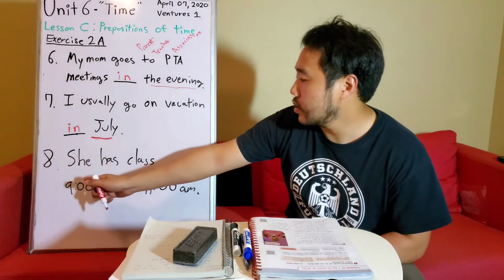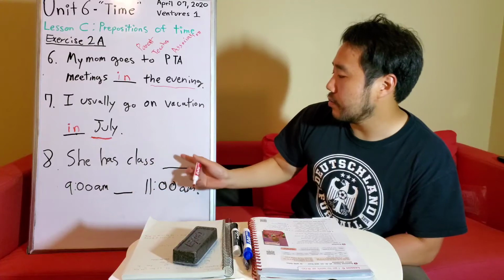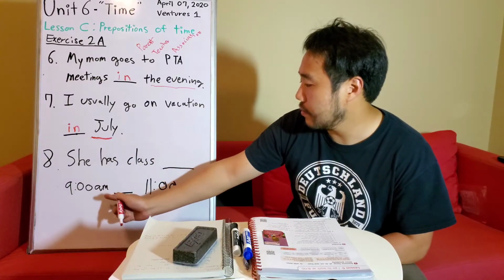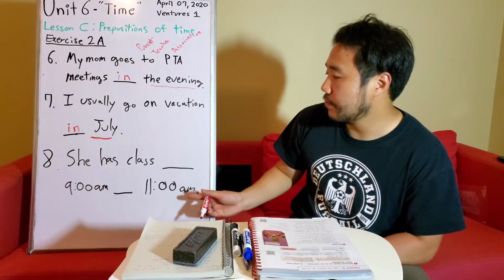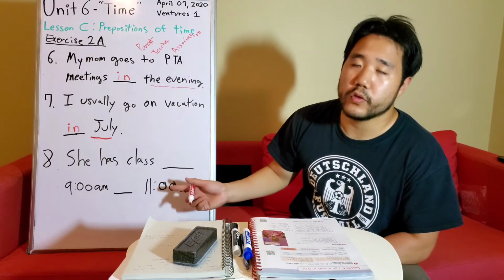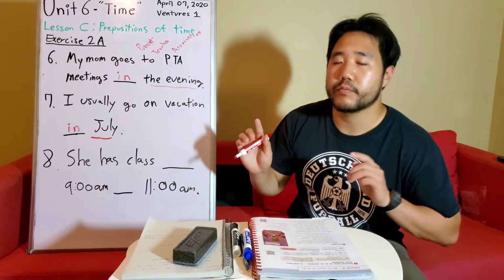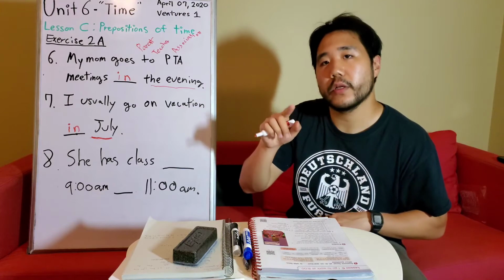Number 8, she has class, blank, 9 a.m., blank, 11 a.m. So this is where you use the prepositions from and to.